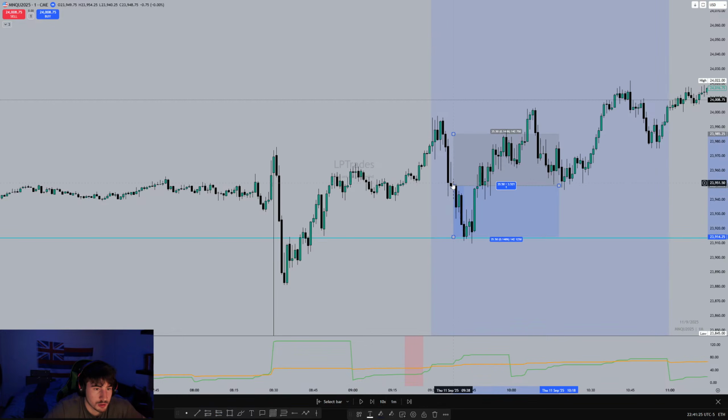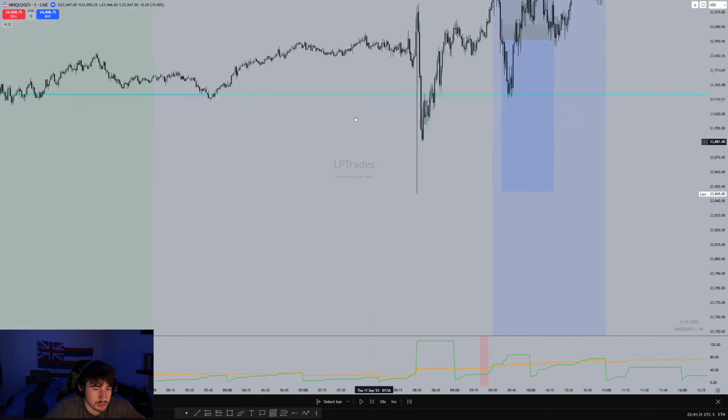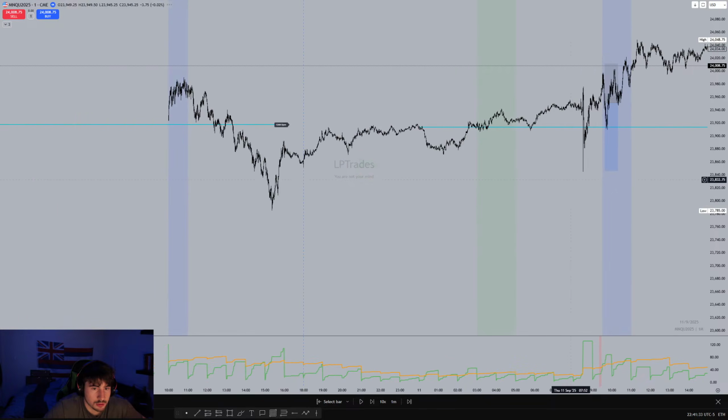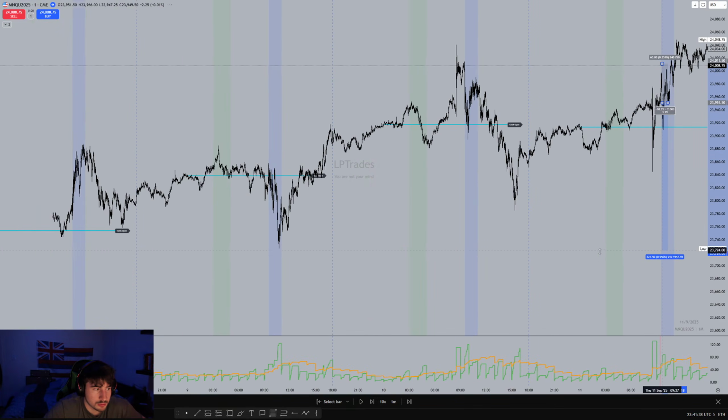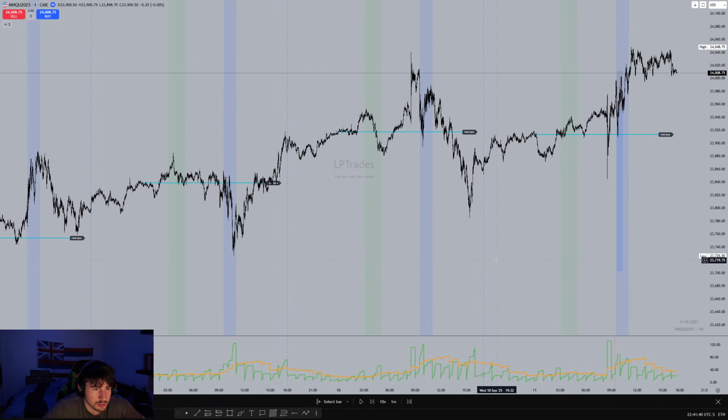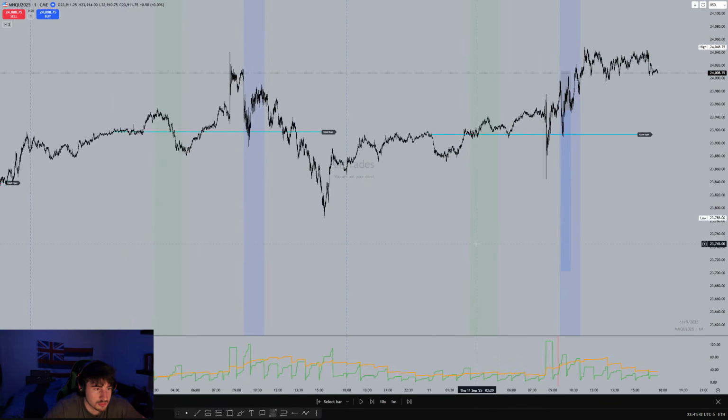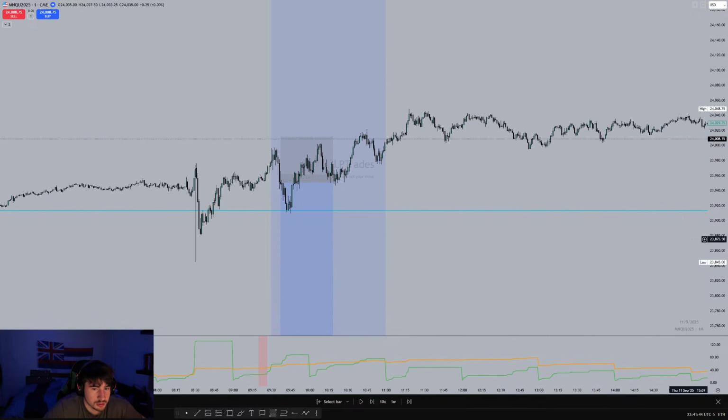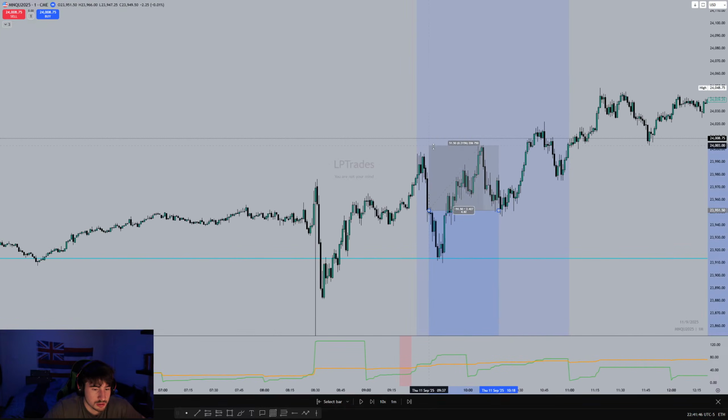here's where I would have gotten short. Again with the 60-point stop. Going for 4R. That would have been tough. Wow. I don't know about 60-point stop losses in this market.